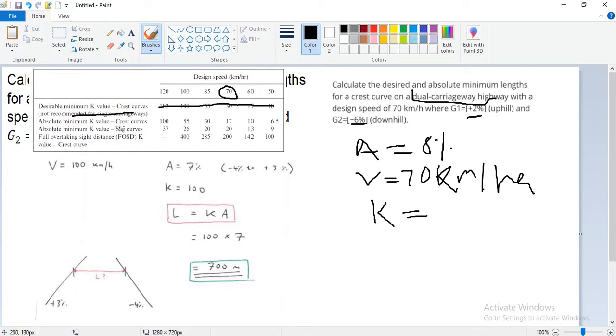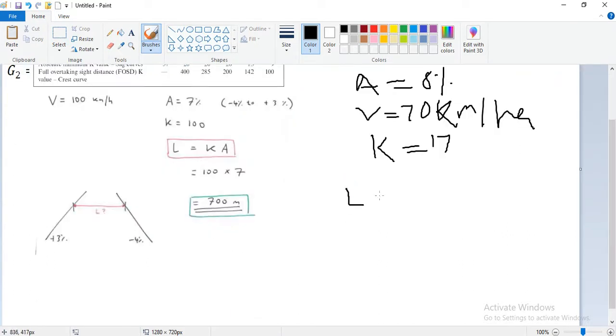For a crest curve, yes, this is the crest curve. Full overtaking sight distance, K value for the crest curve is 17, so we need to take this one. K is 17. Just take 17 and solve.